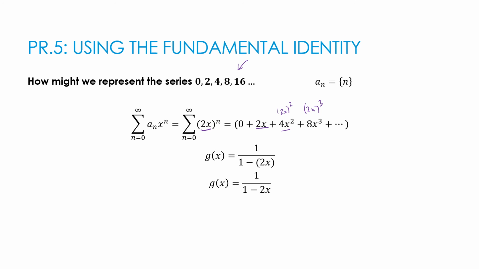All I'm really doing is taking that fundamental identity and replacing this guy with 2x, which means, just like we did with some of the other ones, I'm just replacing that 1 minus x with 1 minus, in this case, 2x, and that is my identity that I would use for 0, 2, 4, 8, 16, etc.